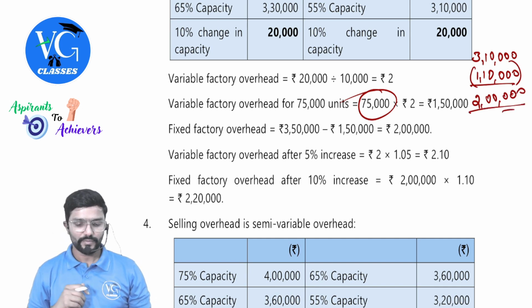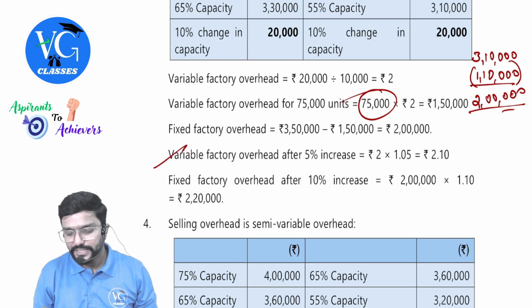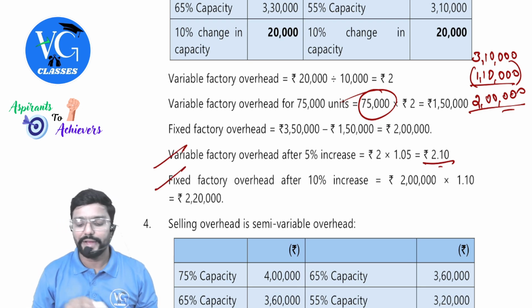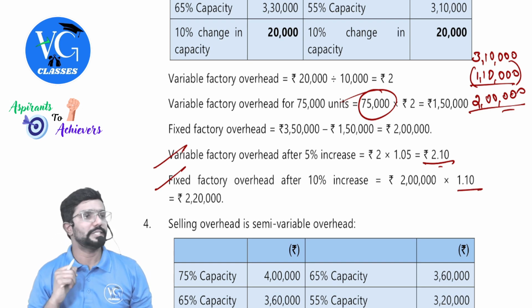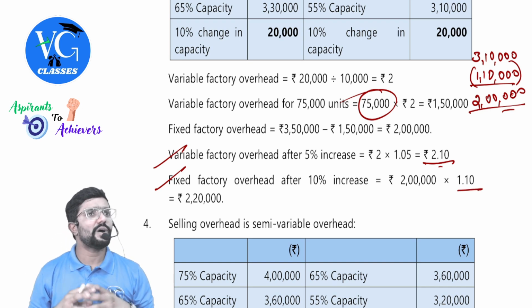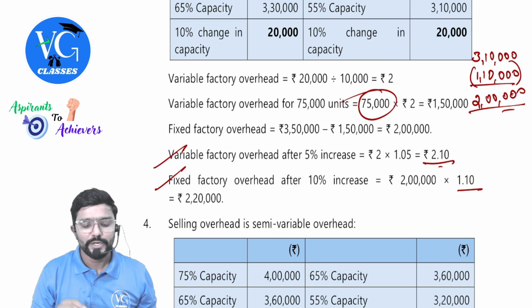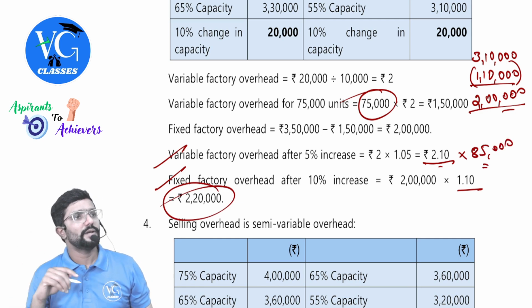Yes, sir. Fine, guys. Now, variable cost will increase by 5% itself, so it comes to 2.10. And fixed cost will increase by 10% itself. How much is that, guys? 2 lakh into 1.10, or into 110%, or plus 10%. You can do either. 2 lakh 20,000. Even variable you can find out by multiplying 2.10 into 85,000, that is for the budgeted period.